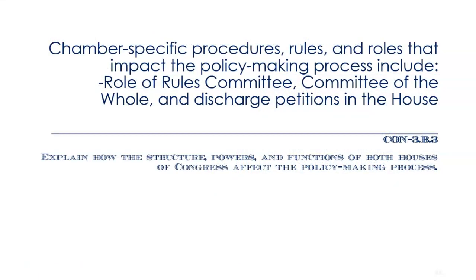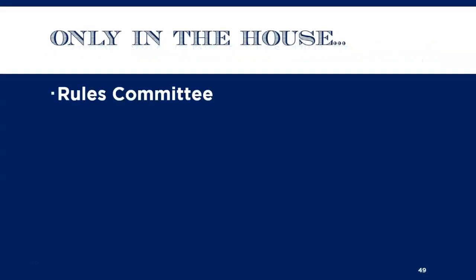All right, next we're going to talk about chamber-specific procedures, the rules and roles that impact policymaking. Talk about committee of the whole, the rules committee we talked about earlier, and something that's called a discharge petition. We talked about rules committee, basically the House traffic cop.